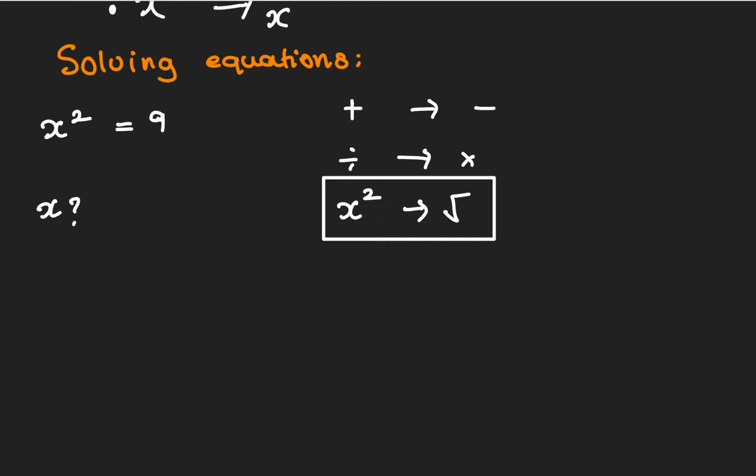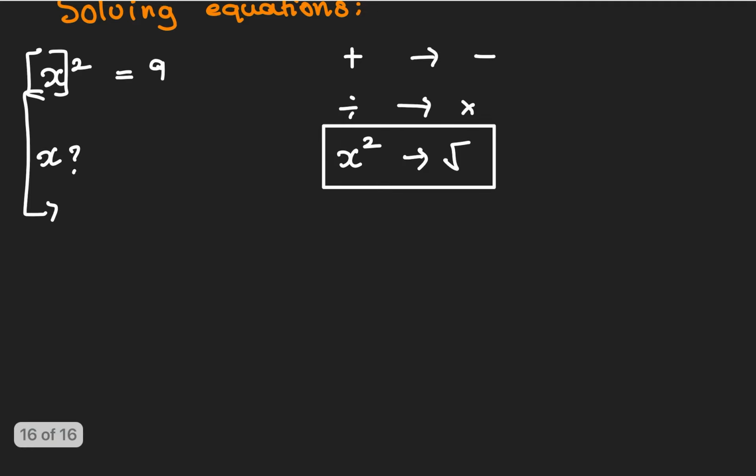So we have x squared here. To bring x isolated by itself, without any interferences like the squared symbol or any coefficient value, we simply have to root to get rid of the squared.